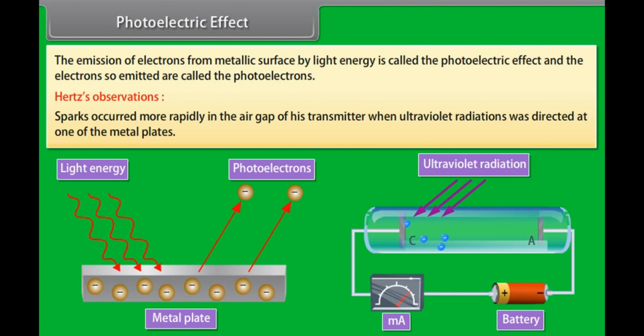Hertz could not explain these observations, but other scientists did. They said that the cause was the emission of electrons from the metal plate due to incidence of high-frequency light. This is the photoelectric effect.